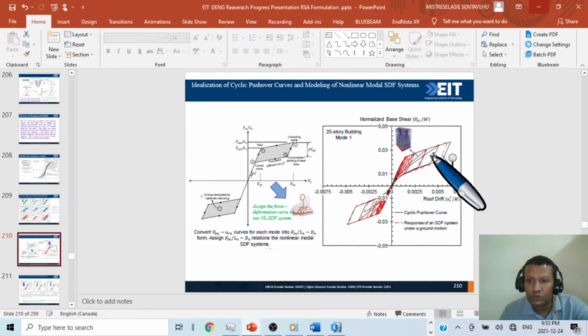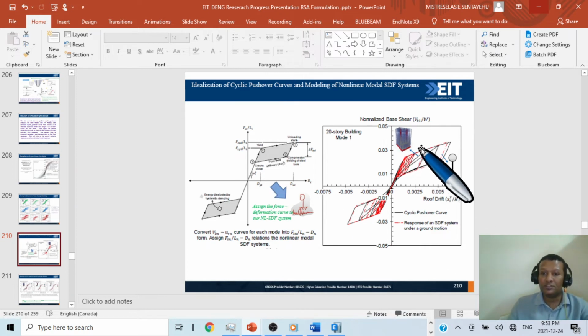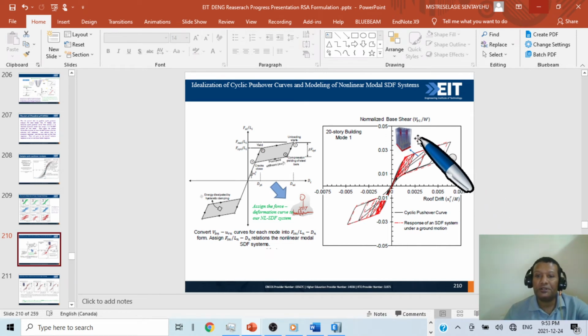You see cyclic pushover done in the multiple degree of freedom system. Then this, the red one, is the response of the single degree of freedom system under ground motion. When the ground motion is applied to the single degree of freedom system, it almost matches. So your single degree of freedom system can capture the behavior and the properties of your multiple degree of freedom system. This is what UMRHA is.